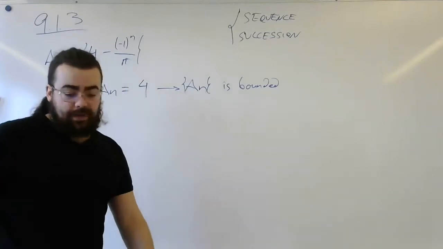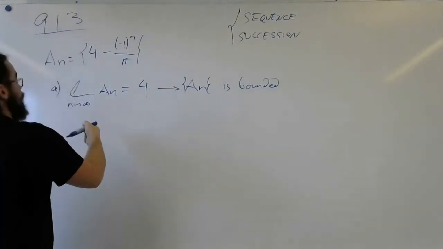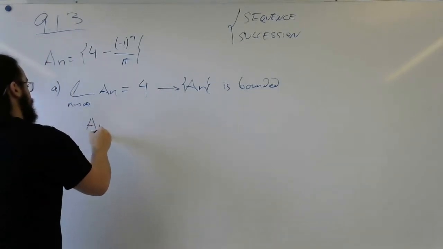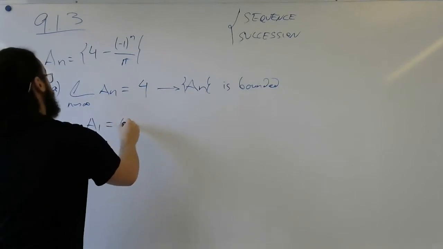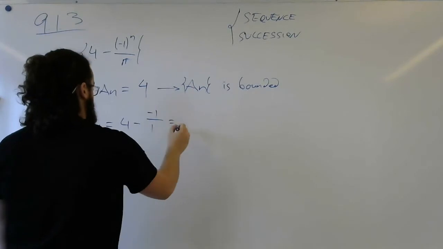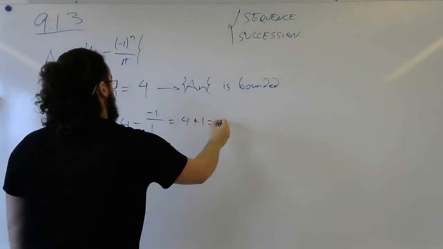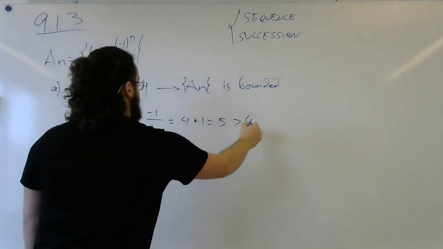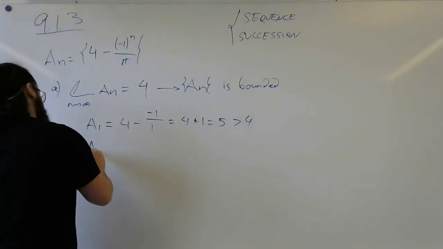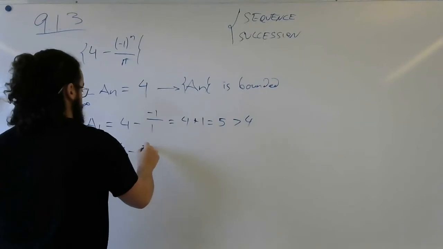Now, is it bounded above or below? So let's see. Let's take any element. For example, a sub 1 is 4 minus 1 over 1. So it's 4 plus 1, 5, which is greater than 4. Let's take another one and see what happens.